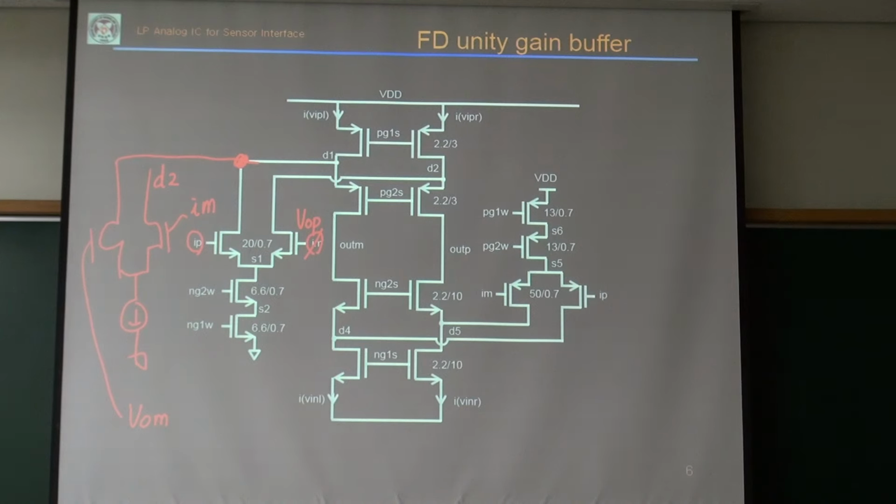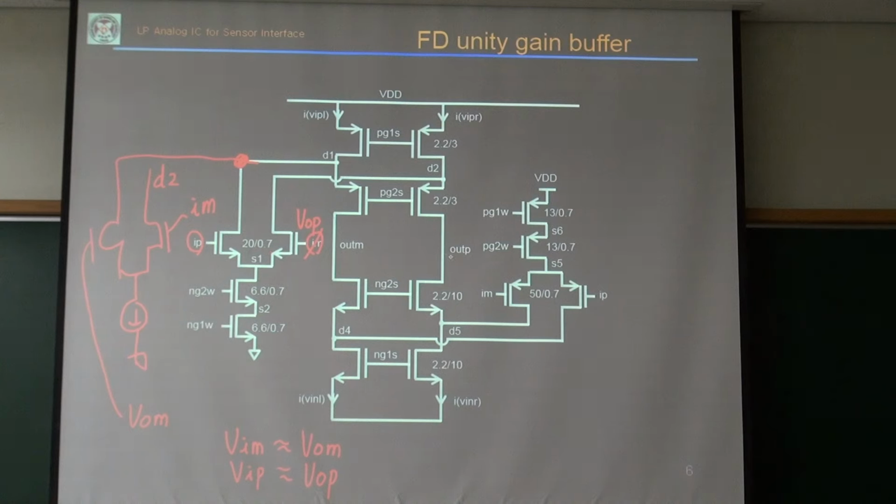In this case, say if my VIM is close to VOM, no problem for the very narrow linear range, right? VOM tracks VIM. Similarly here, VIP tracks VOP. So for a very narrow range, it doesn't matter in this case. Okay, let's just see if it works or not.